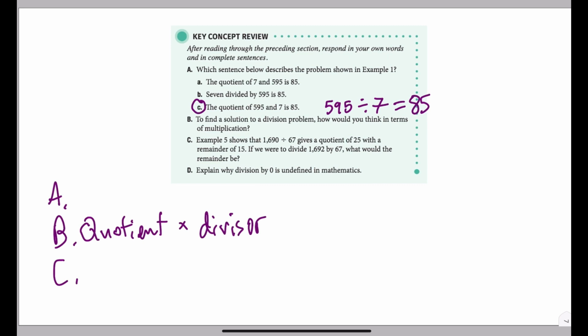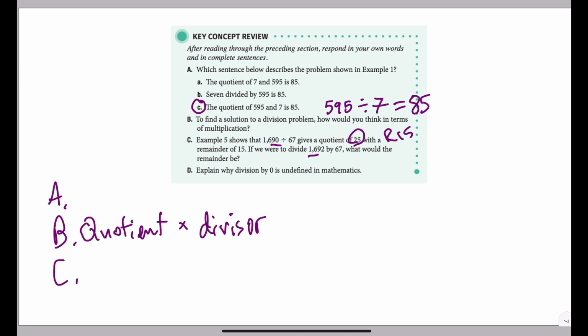All right, C. Example 5 shows that 1,690 divided by 67 gives a quotient of 25 with a remainder of 15. If we were to divide 1,692 by 67, what would the remainder be? Well, let's see. We could either do it ourselves or we could think about it. If I divide 1,690 by 67, I have a quotient of 25 and a remainder of 15, so 15 left over.